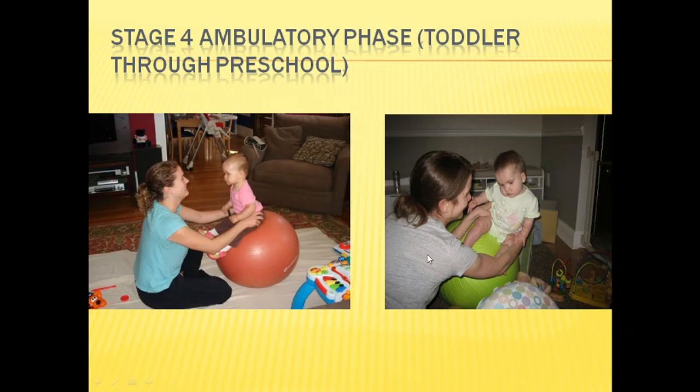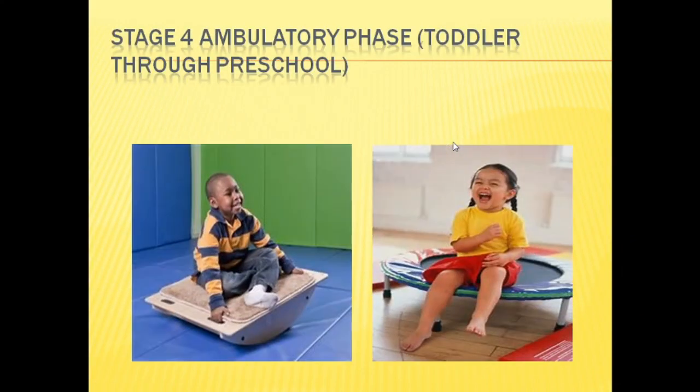But if we want dynamic on dynamic activities, we can add reach outs for the dynamic on dynamic activity. In this slide, the child is seated on the tilt board and on the trampoline. So you can use any equipment according to the child's need and availability for sitting balance.